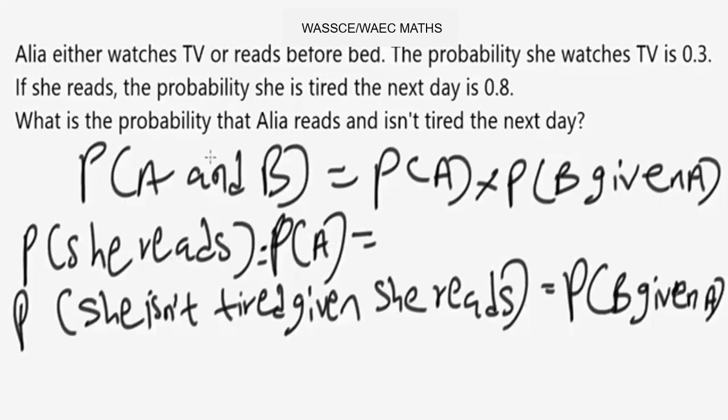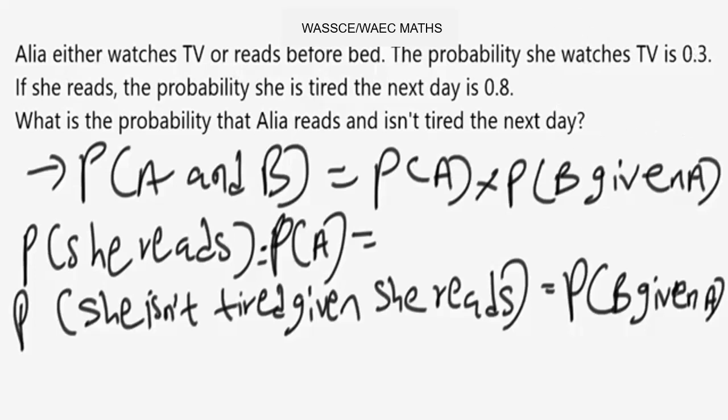We are going to use the information in this question to work out the probabilities we need for this formula. The probability of event A, that she reads: the question says Alia either watches TV or reads before bed, and the probability she watches TV is 0.3.